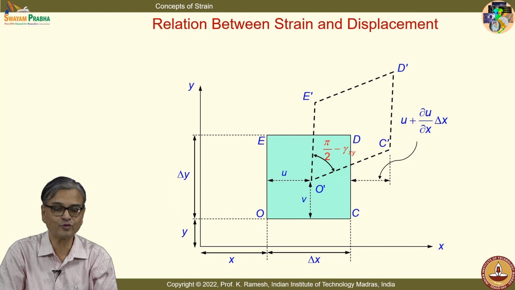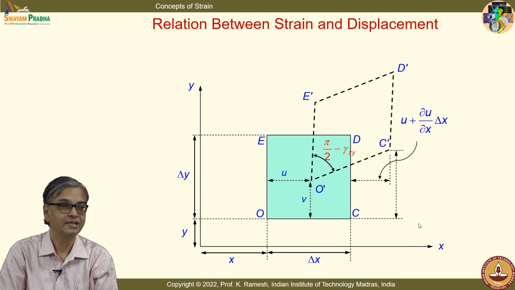Similarly, we should write this for the other points D prime, E prime and so on. And even for C prime, there is also a shift in the vertical direction. So how do I write this distance? This distance we have written as v, and this other distance is again happening because of the change in the x direction.